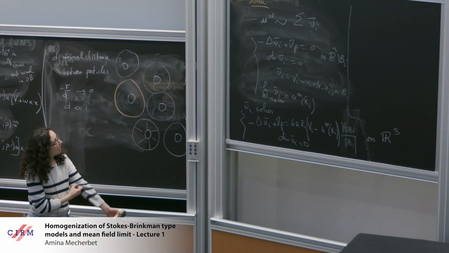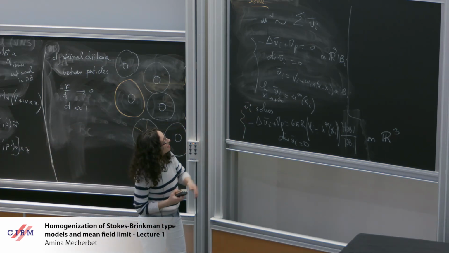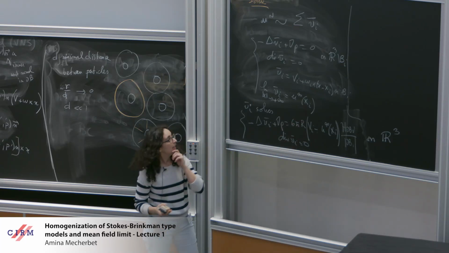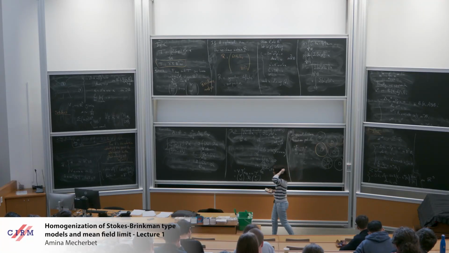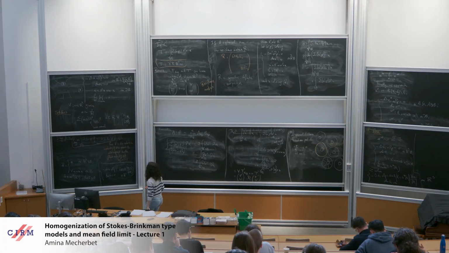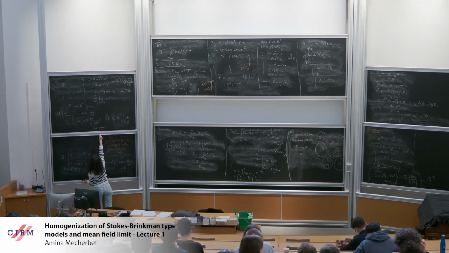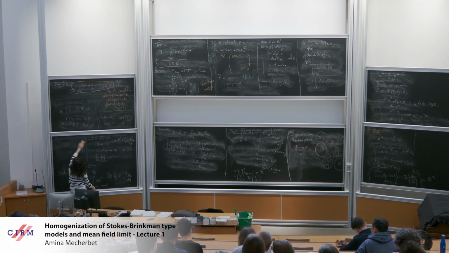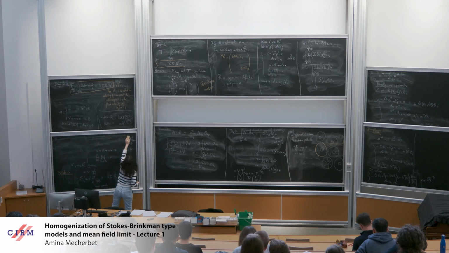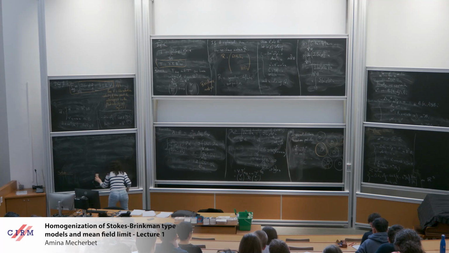And now we are almost done, because if you sum over all the I, what you get is here a sum. So you see that we almost have the Brinkman term. So we need to do one step of simplification, that is to approach the Hausdorff measure by just the Dirac mass in the center of the particles.